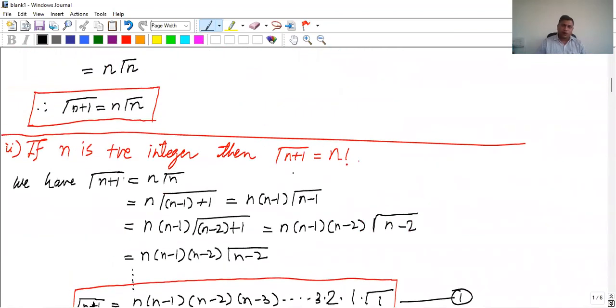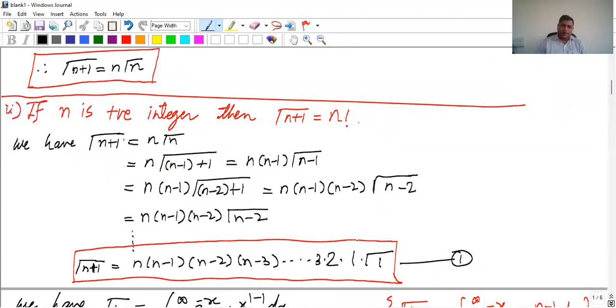Only then will it convert this way, and go to 1 and gamma 1. If it is not a positive integer, then it will not get converted to 1. Suppose n is a fraction, suppose 5 by 2.